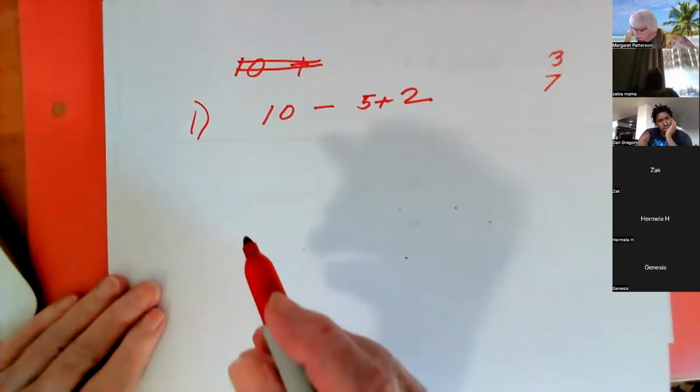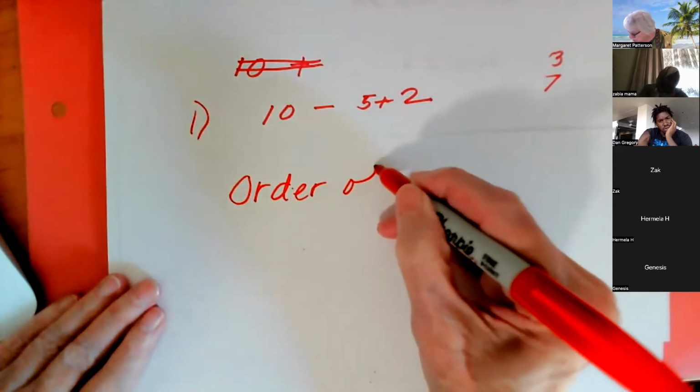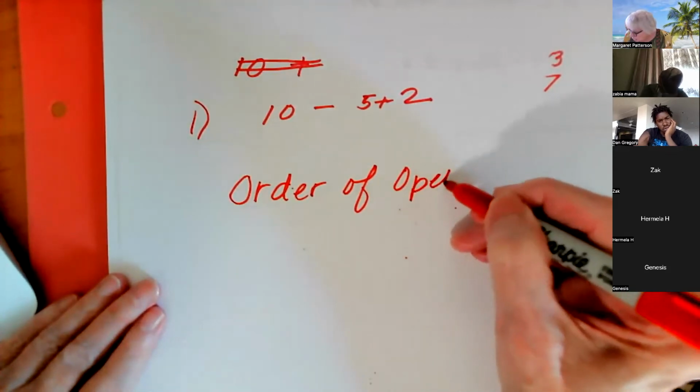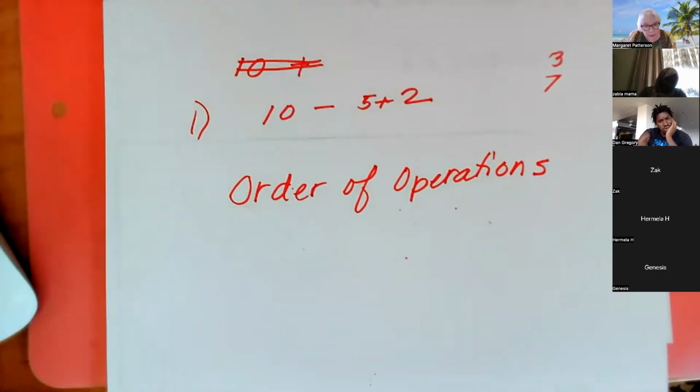This list is called order of operations. The operations, strange word, are basically add, subtract, multiply, divide, things like that. What do you do first? What's more important? And then everybody has the same exact answer.